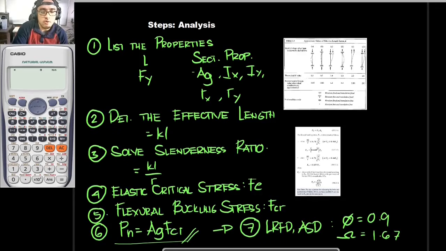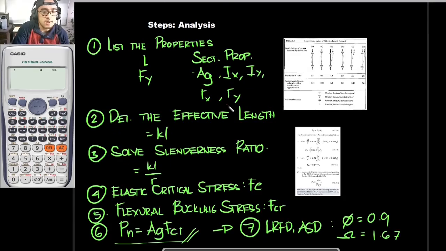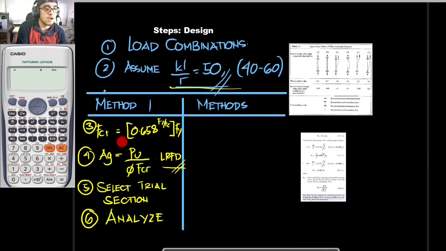So i-check nyo kung yung napili yung cross-sectional area would be adequate to carry your load combination. And if you are in the analysis part already, you would be doing the LRFD and ASD. Kasi pag dito sa design, LRFD nga lang yung pagkuha natin ng section para hindi masayang ang oras nyo.